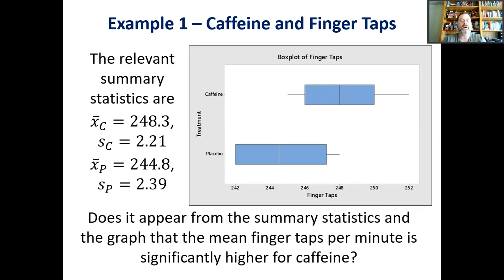So here's our box plots. Here's our summary statistics. And the idea is, up to this point in the class, this is really all we've been able to work with: does it look like the finger tapping from the caffeine group is higher, significantly higher, than the placebo?